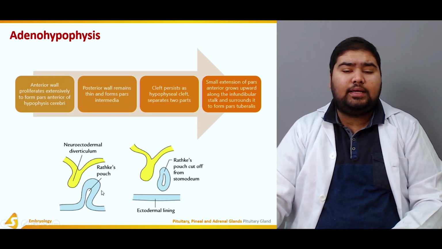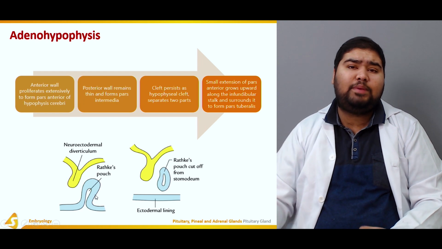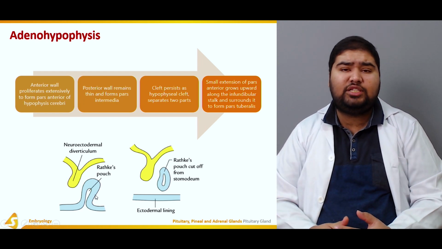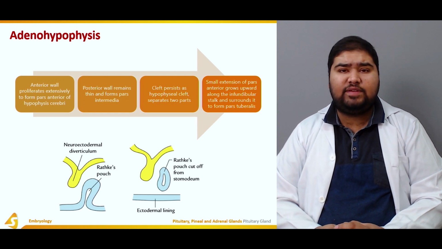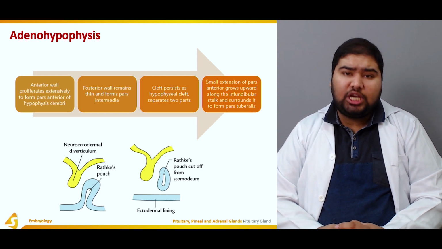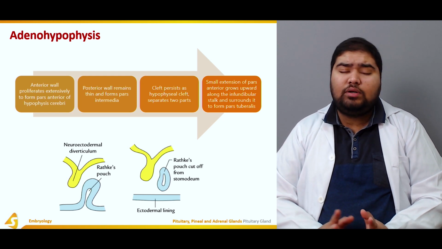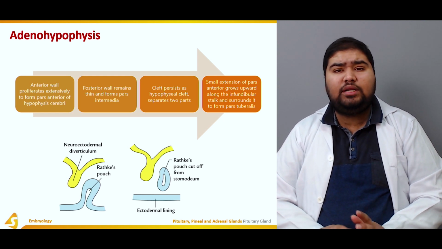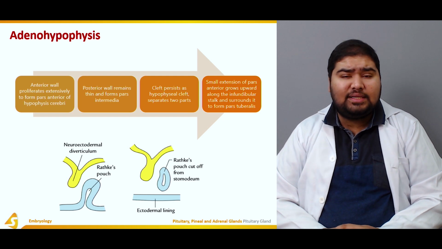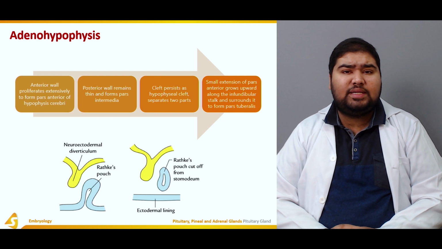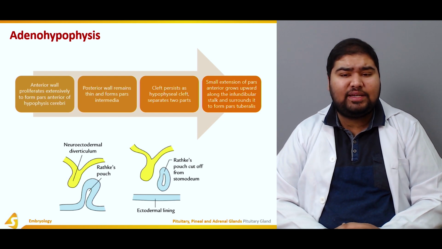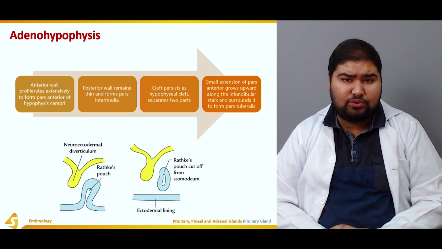Now, the anterior wall of this Rathke's pouch undergoes a rapid proliferation, as a result of which it forms the pars anterior of the hypophysis cerebri. The posterior wall does not undergo rapid proliferation and it remains thin to form pars intermedia. The cleft between them persists as the hypophyseal cleft and can be seen in the adult pituitary.